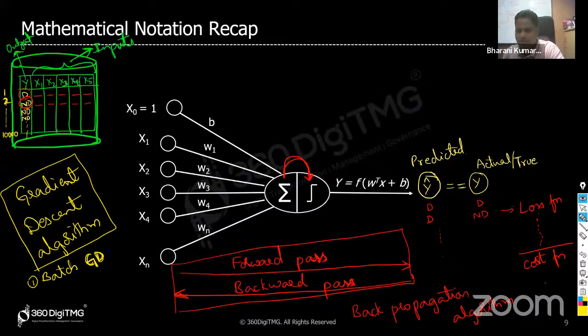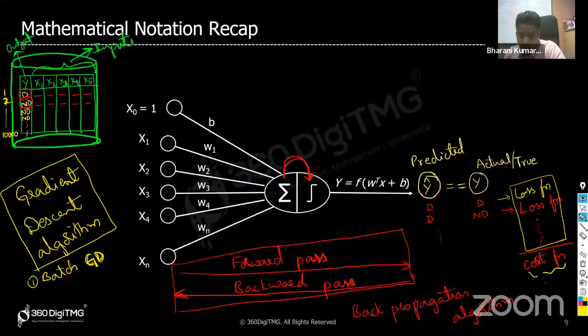For each and every observation, you get a loss function. Here also there will be a loss function, but it will be 0 because that's a correct prediction. You take all of these loss functions, and when you aggregate those, you get a cost function.